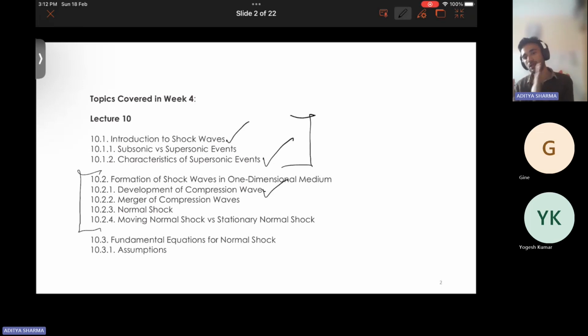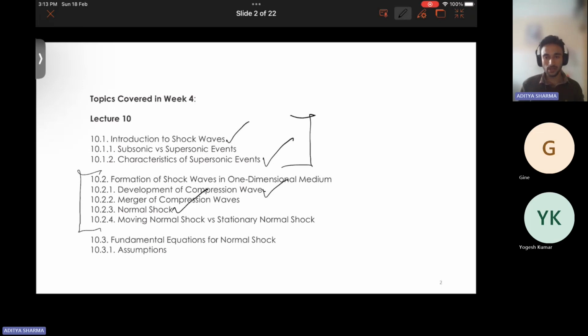So obviously, as the relative velocity of this compression wave is larger than the previous ones, they will collide at some point. All right. So they will meet at some point. This has been discussed in this topic, and then we came to this normal shock scenario.